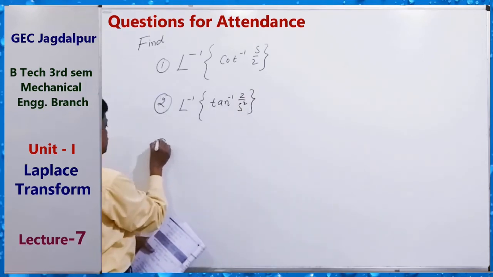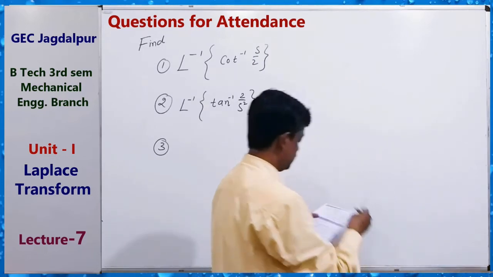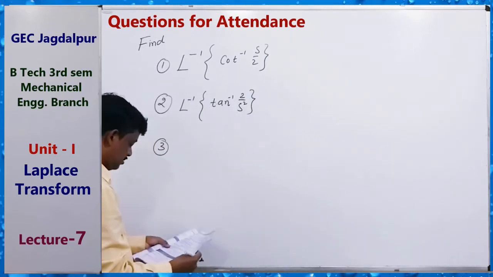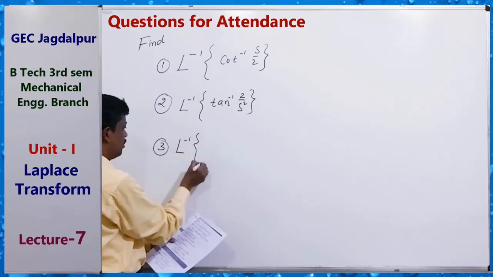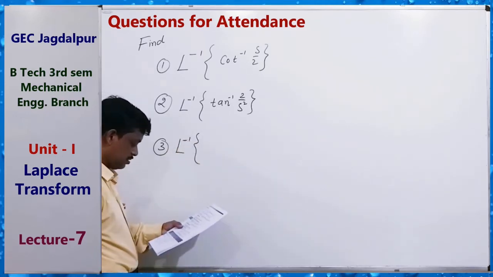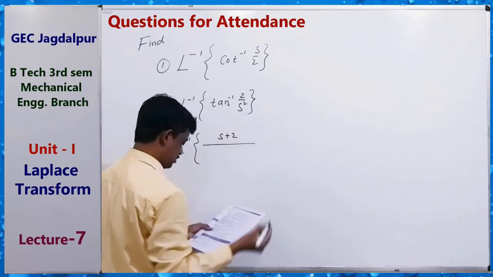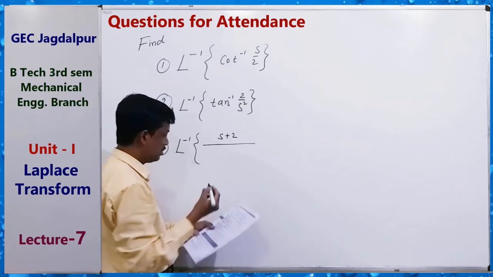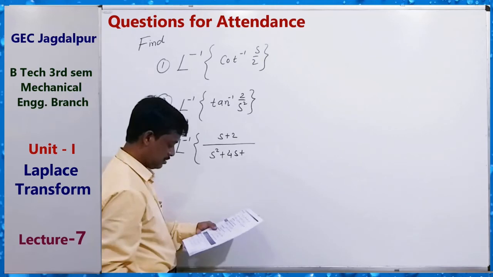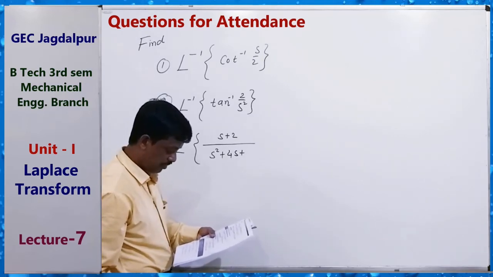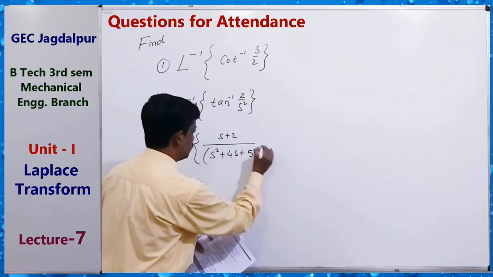Third question: L inverse of s plus 2 by s square plus 4s plus 5, whole square.